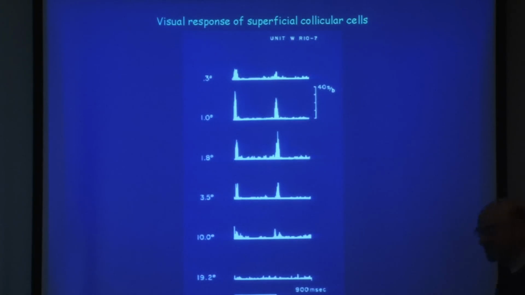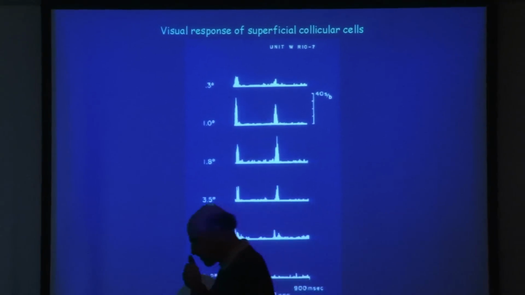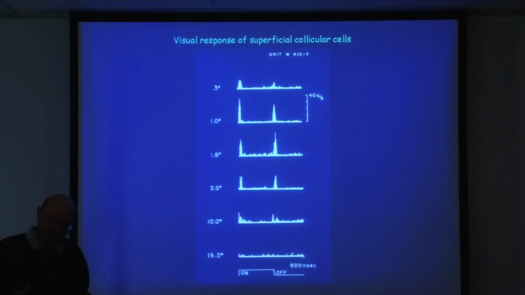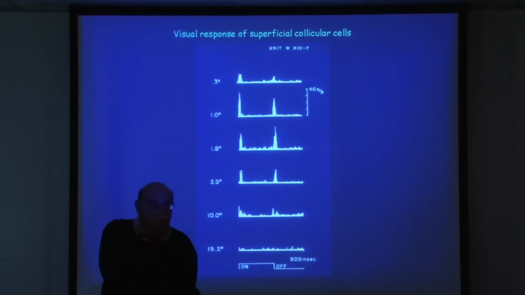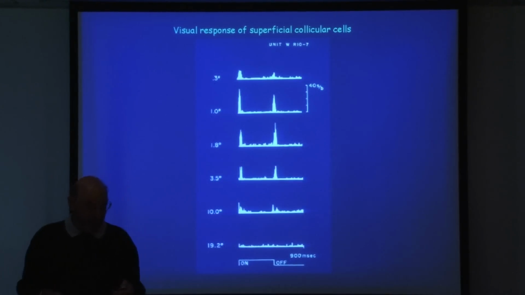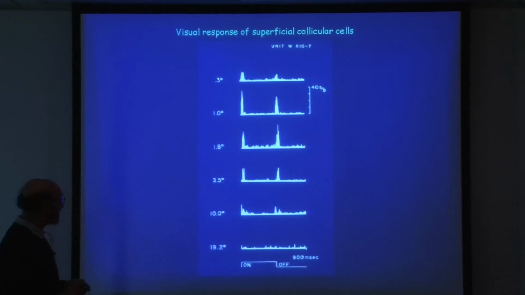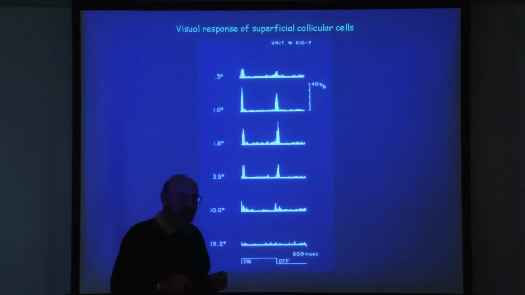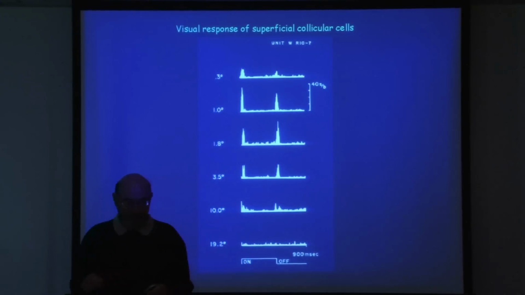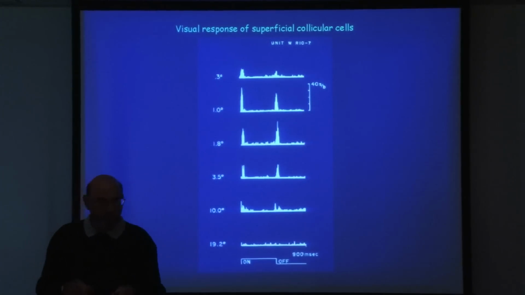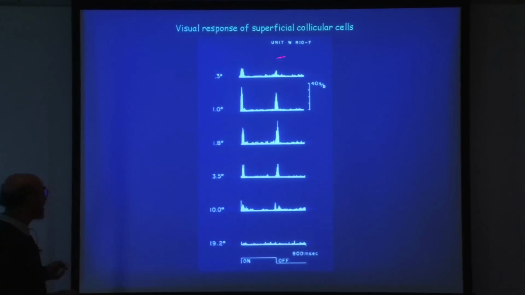All right, so now we are going to move on and examine the question of what is the nature of the responses of neurons in the superior colliculus. Now, I can tell you right off that in the monkey colliculus, in the cat colliculus, the nature of the responses of these neurons is not particularly interesting. They have small receptive fields, and they tend to respond both to the onset and the termination of a visual stimulus, meaning that they seem to get an input from both on and off, okay?